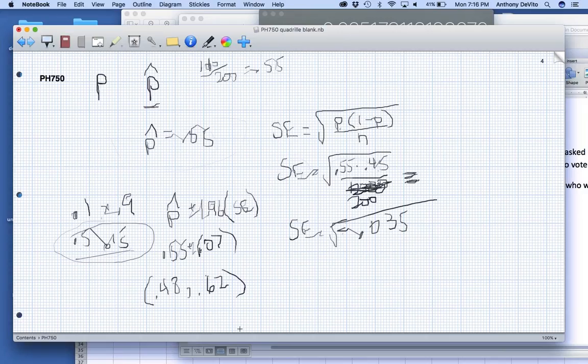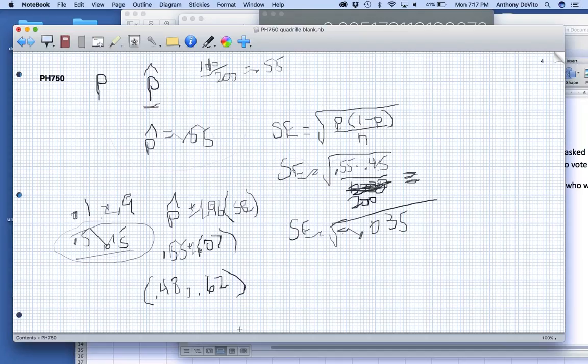Now, if I had asked you, we're 95% sure the true population is between those two numbers, right? Are we 95% certain that this proposition is going to pass? Are we 95% certain that the result is different than 50%? We're not, right? Because 50% could be the actual population mean.